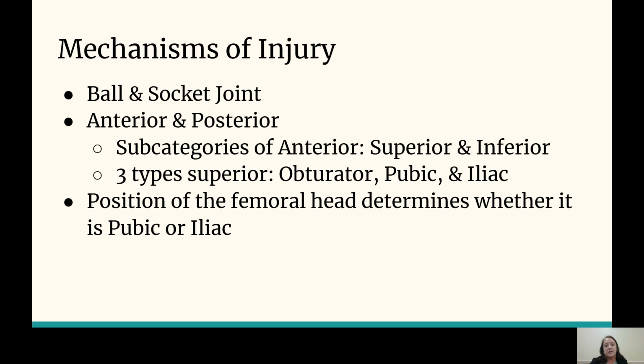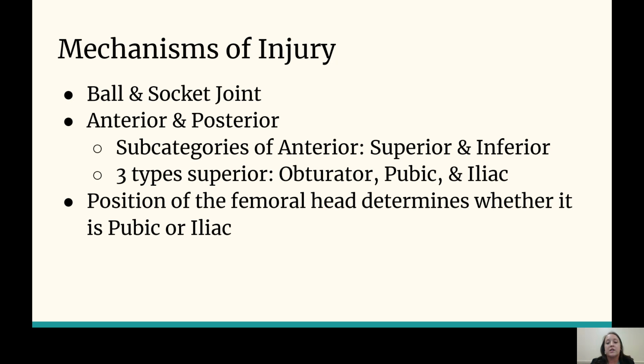Anterior hip dislocations represent 10% of all traumatic hip dislocations. The anterior ones can be subdivided into a superior type, which is 10%, and an inferior type, which is 90%. The superior type is caused by abduction, external rotation, and extension of the hip. They can be further divided into three categories: obturator, pubic, and iliac.